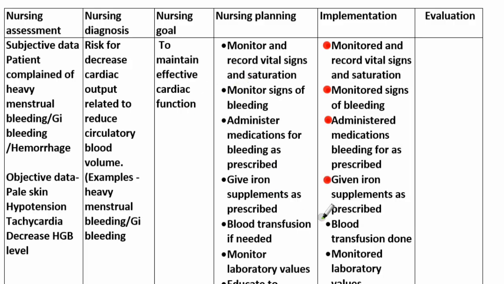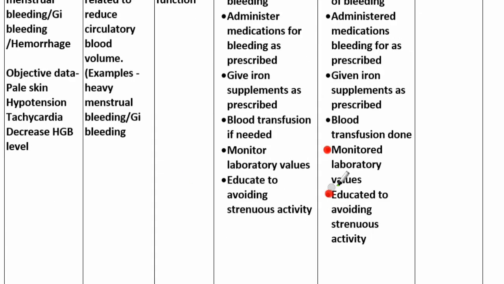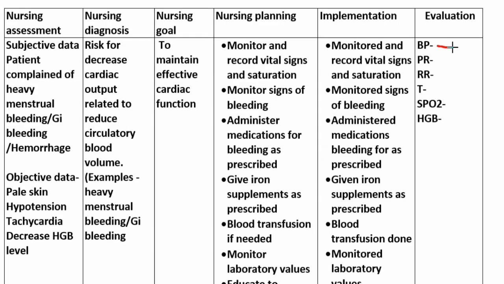Blood transfusion done. Monitored laboratory values. Educated to avoid strenuous activity. Evaluation. Blood pressure, pulse rate, respiratory rate, body temperature, saturation level, and hemoglobin level.